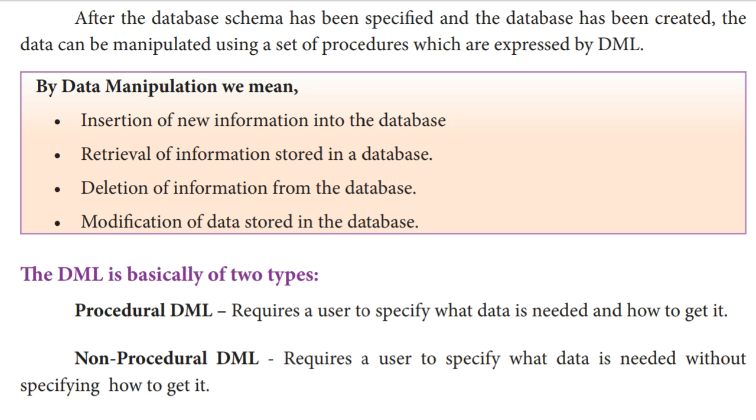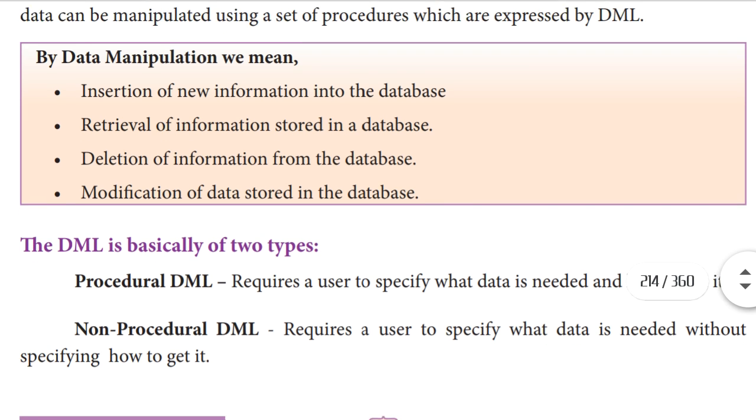Modification of data stored in the database. Modification means, for example, I stored the student name Arjun in the database, but I want to change Arjun to Aravind. So at that time I am changing Arjun to Aravind. That is what we call modification.